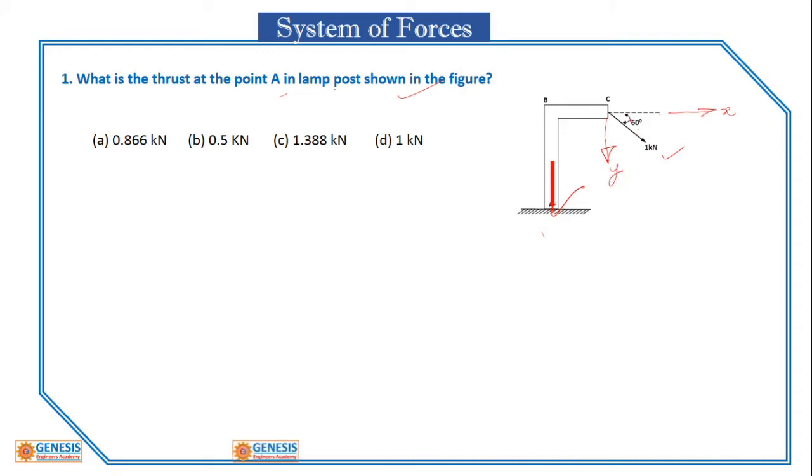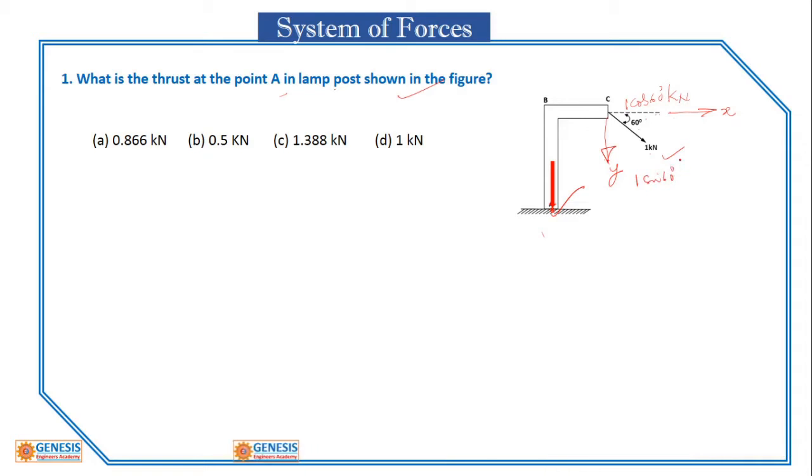So this is an inclined force. After resolving this force into x component and y component, or horizontal component and vertical component, this becomes 1 cos 60 degrees kilonewton, and this becomes 1 sin 60 kilonewtons.